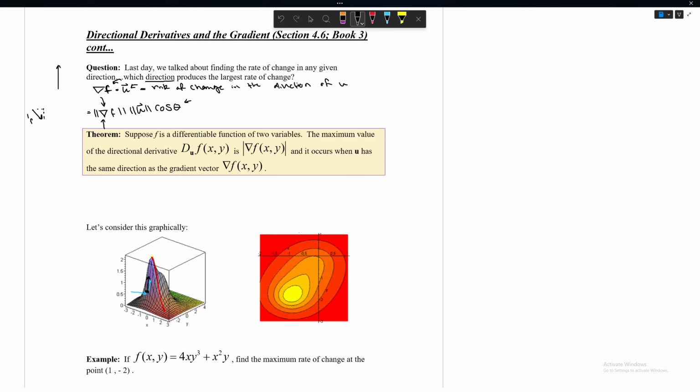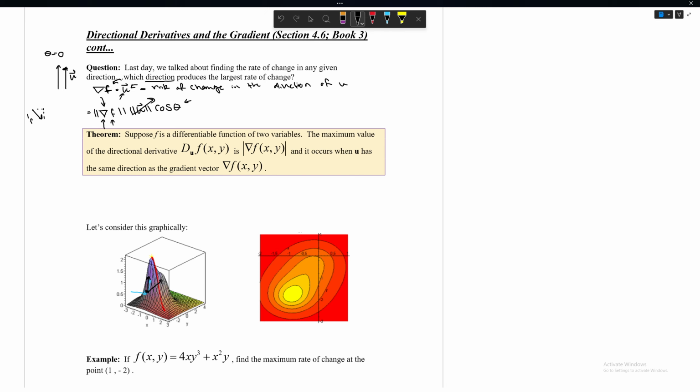Then what we used to do is multiply by the direction to get our rate of change in that specific direction. When my u is in the same direction as the gradient, so the angle is 0, my theta equals 0, and that gives me my largest rate of change, because by default the gradient points to the largest rate of change.